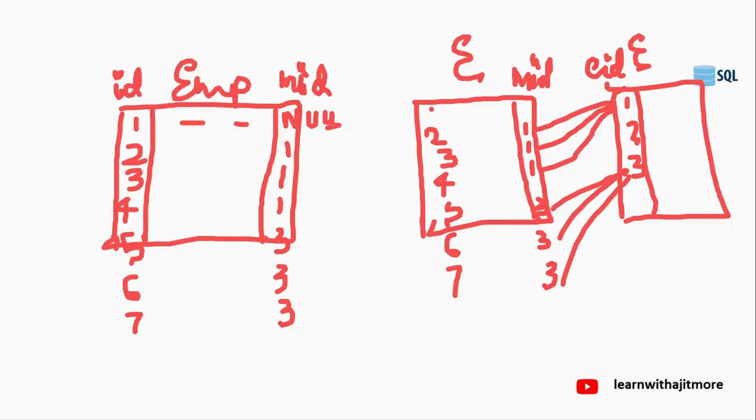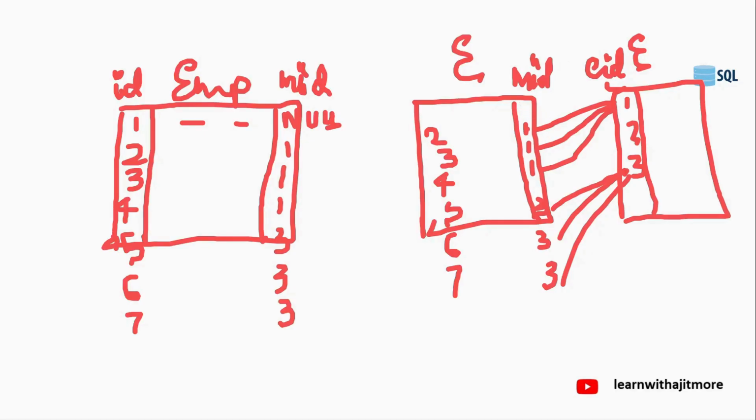Getting? So when you are taking a join of any table with itself, which type of join is it? Inner join only. This is also an inner join. Why? Because we are taking only those records which have common value, the same value between that common column.